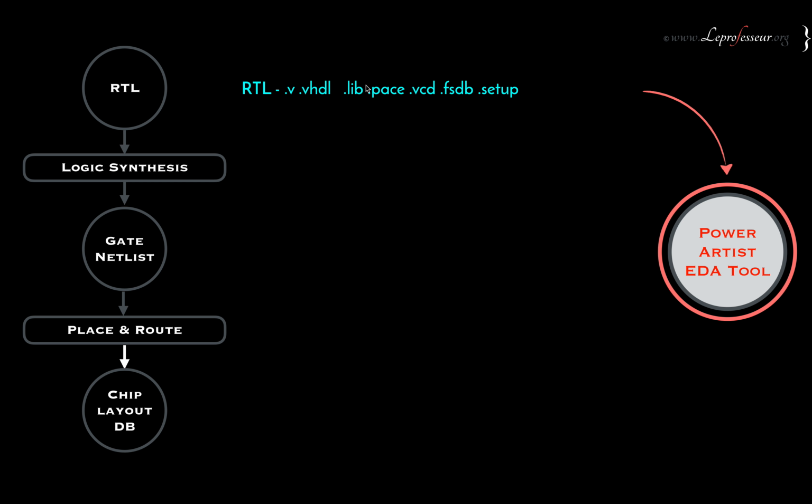Okay, so Synopsys libs also would be needed by the tool for certain other information, but there should be Apache PowerArtist characterized libraries, okay, power libraries in your library directory.